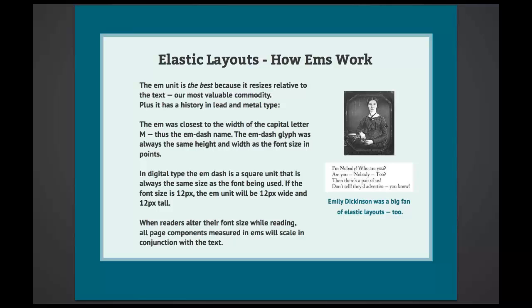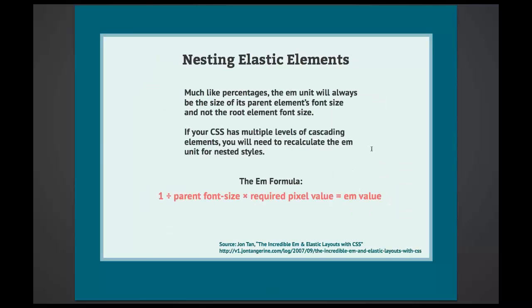Whatever the initial font size is on a reading device, that's the size that the em dash will be, and thus the em unit. So if the initial font size is 16 pixels, then your em unit will be 16 pixels, and 2 ems will be 32 pixels.